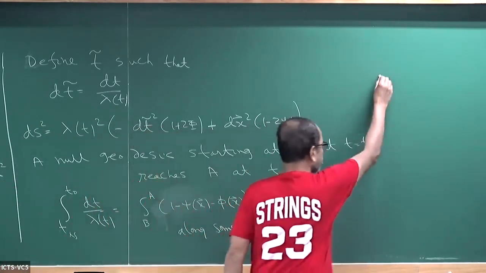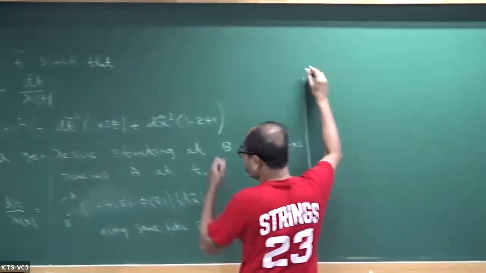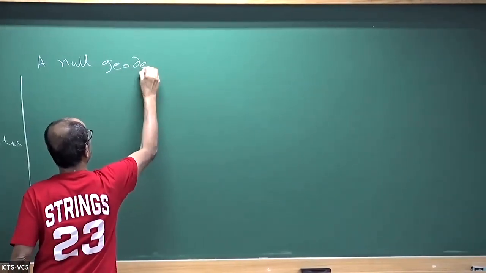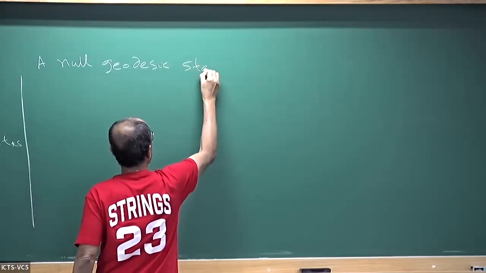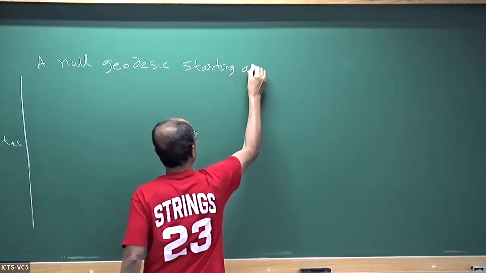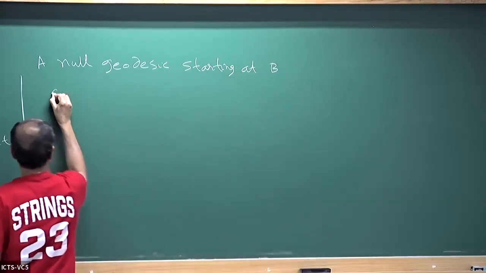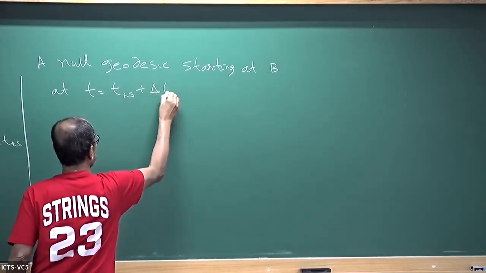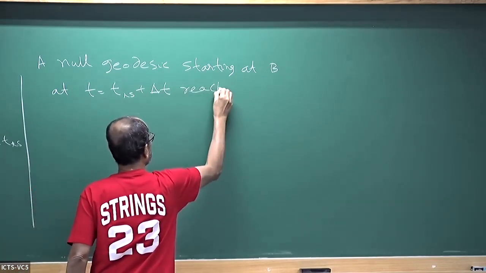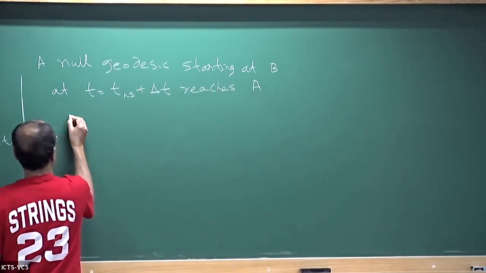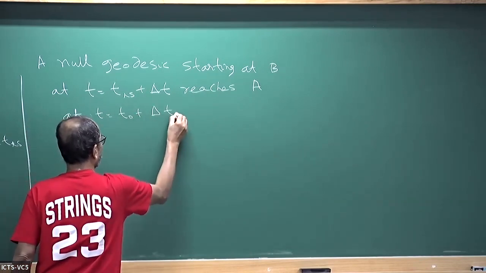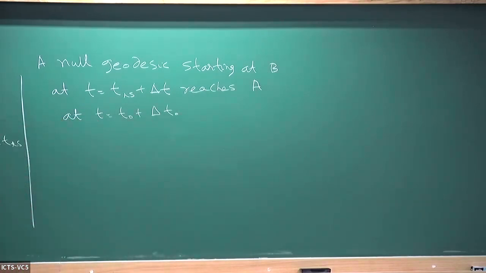Now let's suppose that a null geodesic starting at B at t equal to t_LS plus delta t reaches A at t equal to t naught plus delta t naught. Then we apply the same formula again.